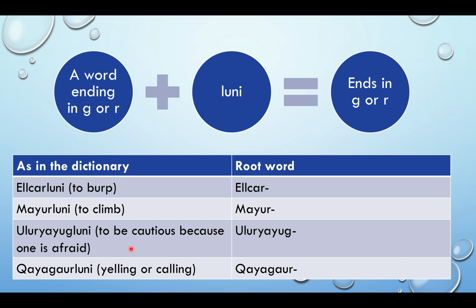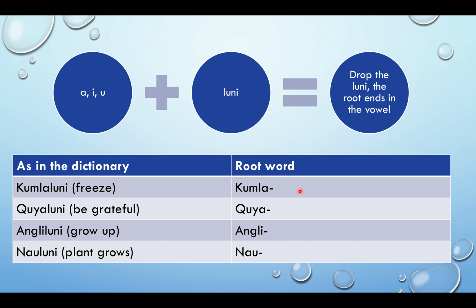Uluchiayuchluni to be cautious because one is afraid, uluchiayuch. And kayachochluni to be yelling or calling, kayachoch. So all we did there was drop the luni from the word, and that is the root word.